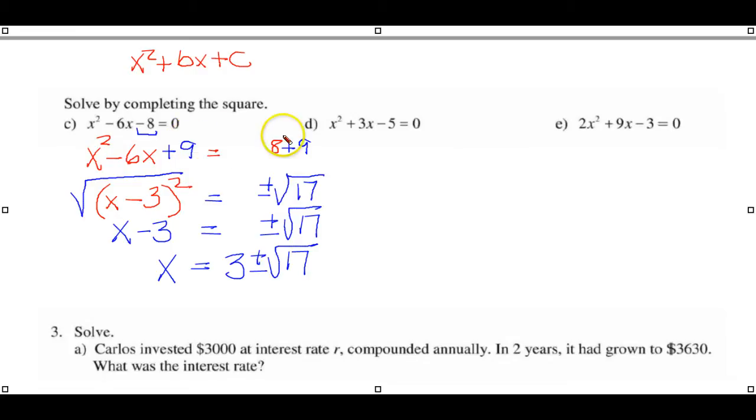And to keep it an equation, I have to add that to both sides. Again, factoring this becomes this, and then I can take the square root of both sides, plus or minus on this side, then transpose what is with the x, and that gives me my answers. Now this one was pretty easy because our b term was divisible by 2. So let's go on and try another.